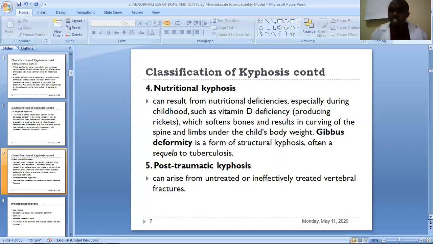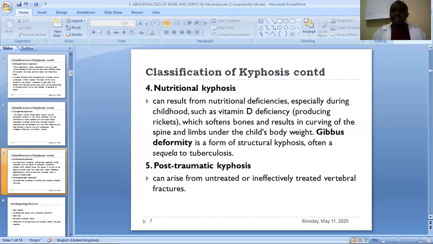Meaning that if you did your nutrition and nursing very well, you'd agree that it's imperative that when children are growing, they are given foods that contain a lot of calcium, like milk. They are also given foods that contain a lot of vitamin D, like chicken meat, red meat, liver meat, beans, etc.